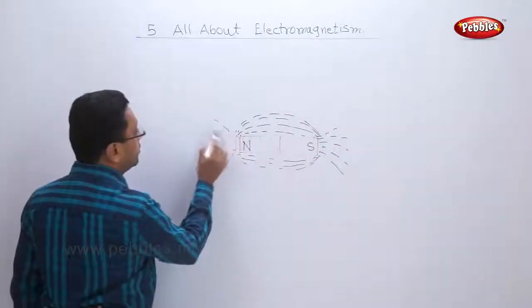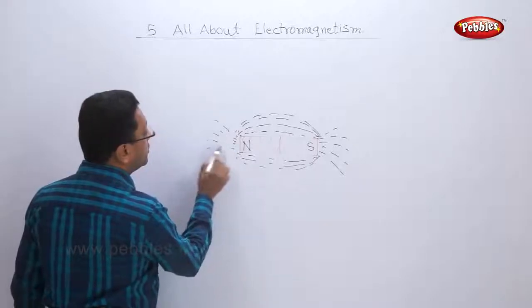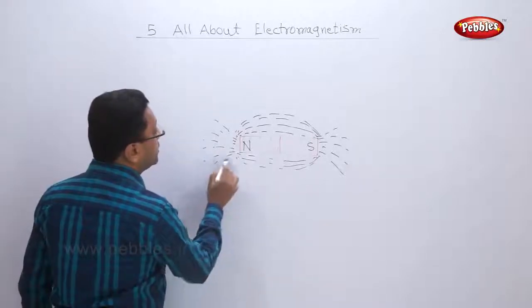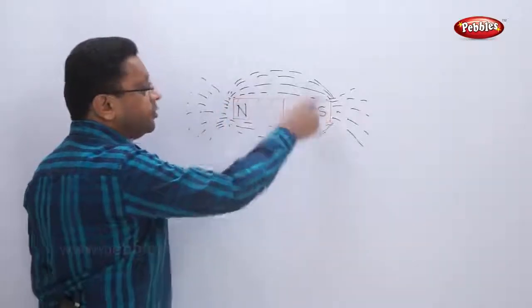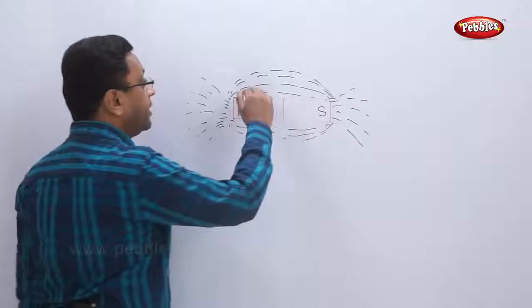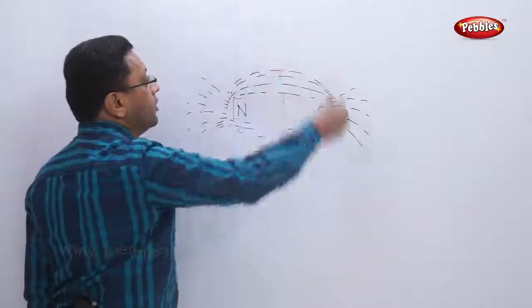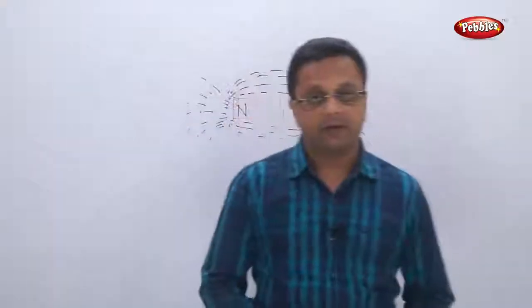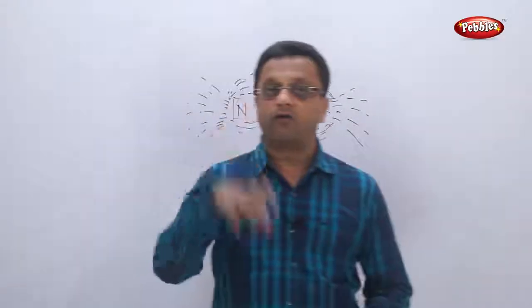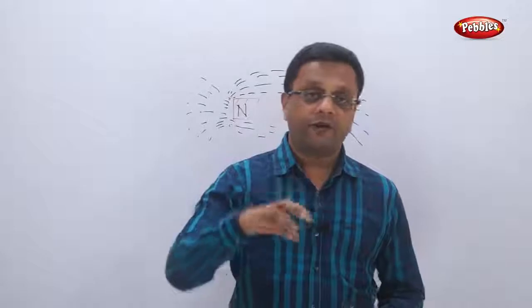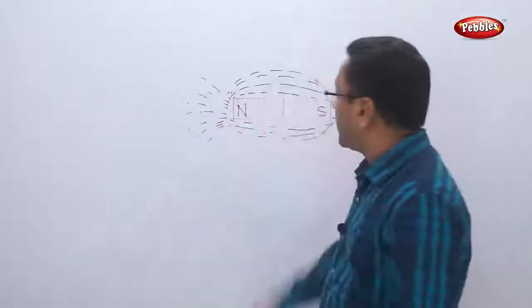That means the magnetic field is there around us. The iron filings are very dense near the magnet, and it gets diluted when you go away from the magnet. Figure 5.1 shows you the actual photograph of the iron filings put on the permanent magnet.